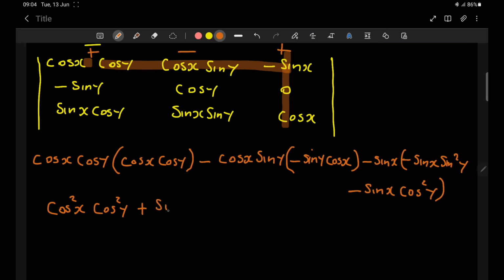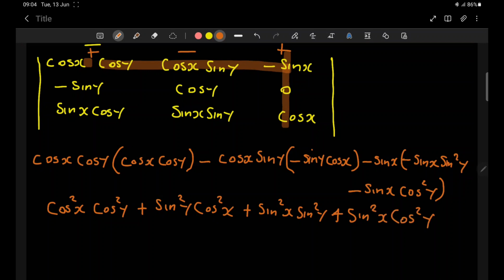So we'll have sin squared y cos squared x. Then multiplying negative sin x with negative sin x sin squared y, the like terms, we'll have positive sin squared x sin squared y.